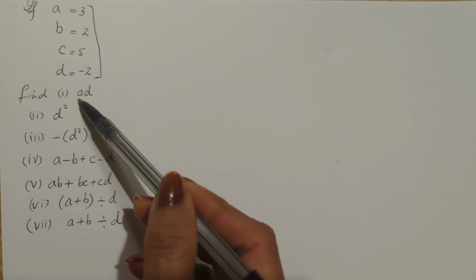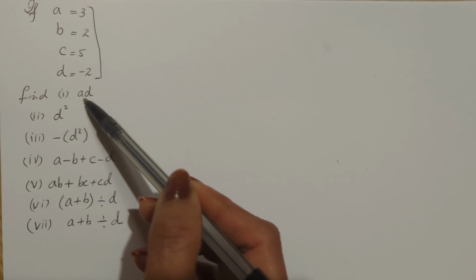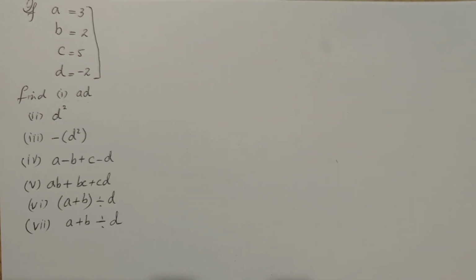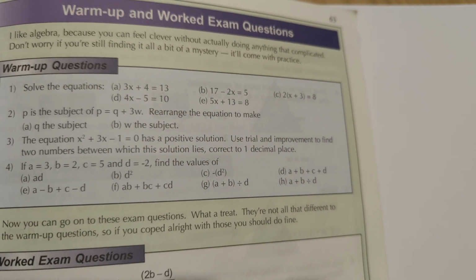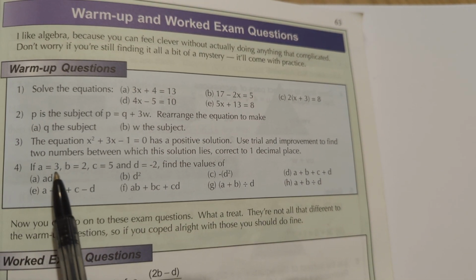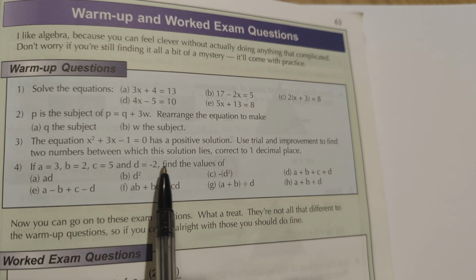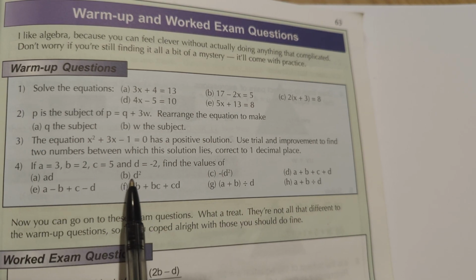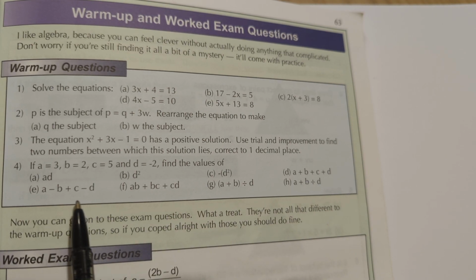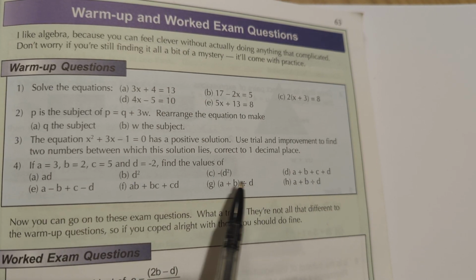For example, here is a question of GCSE maths. I will show you. If a is equal to this and this value, find the value of the given expressions, right? These questions are very simple.